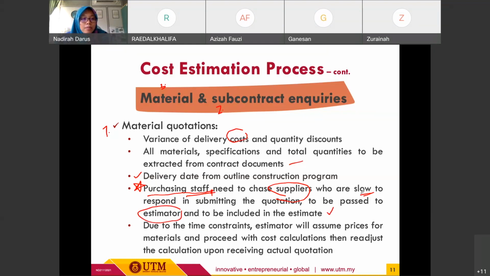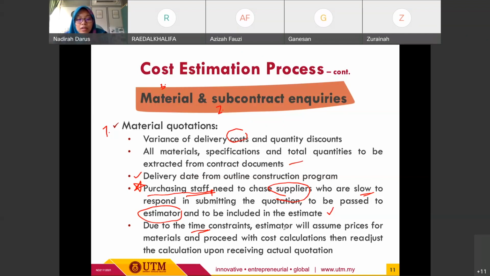However, there are some situations or problems that happen due to time constraints, because as we know, preparing the estimation and the tender document, the duration is quite tight, and all of the respective parties need to work very hard within that limited time frame, so that at the end they can come out with a good price and a good submission for the tender document.